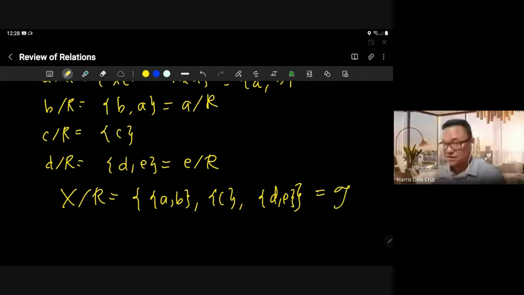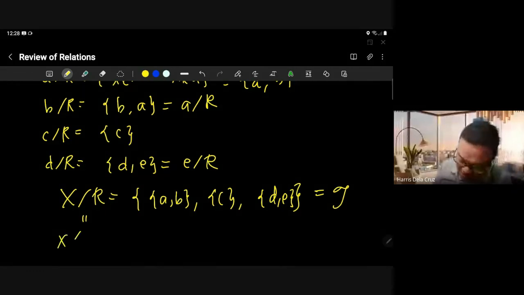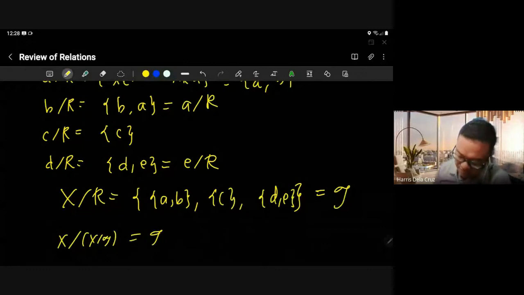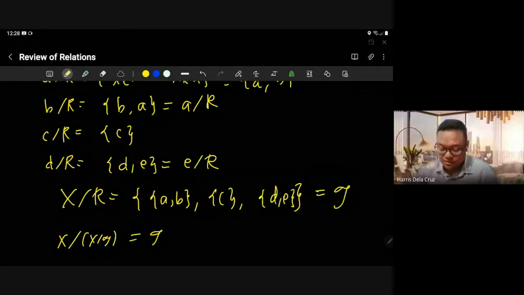That's also our partition, right? Meaning, this is the same as X over T is equal to T. Okay? That's what our theorem says.